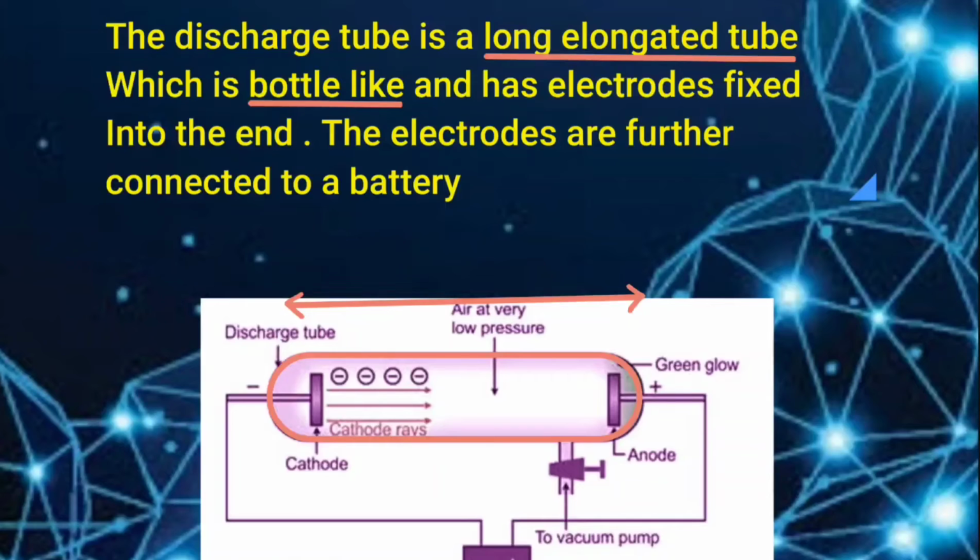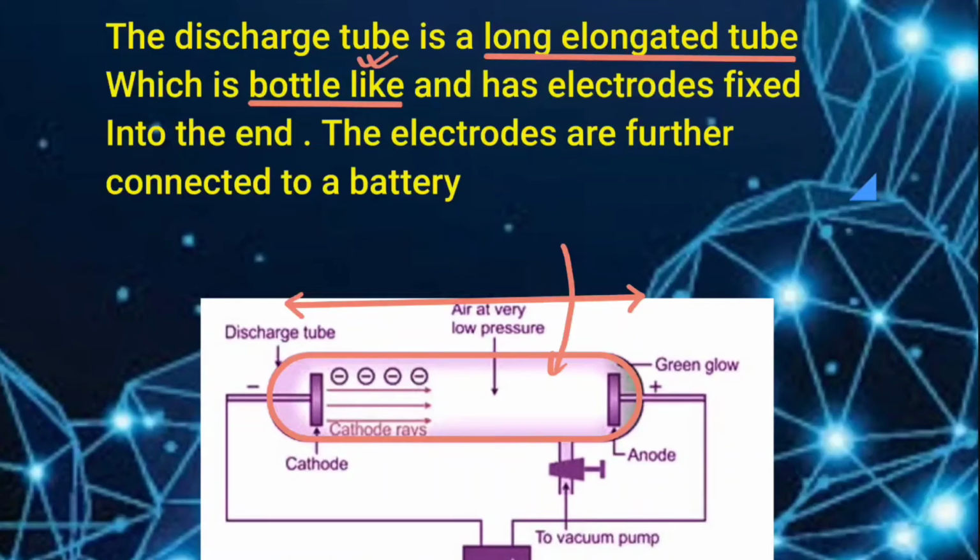It is bottle-like, but it is actually hollow inside. That is really important. It's hollow inside, where gases and all kinds of things are stuffed, and that is the reason why we call it bottle-like, because even bottles have that empty space inside to store water, right? Just like that, this discharge tube is hollow inside and it is made up of glass.